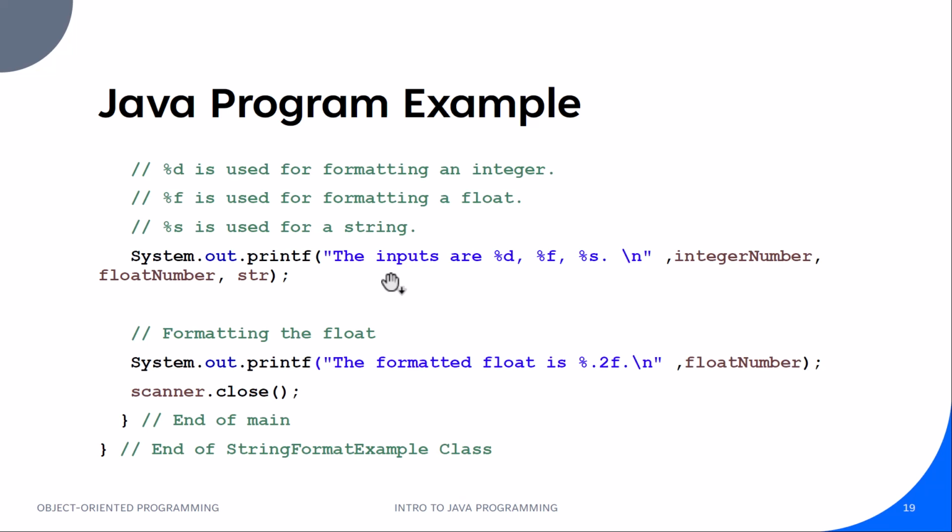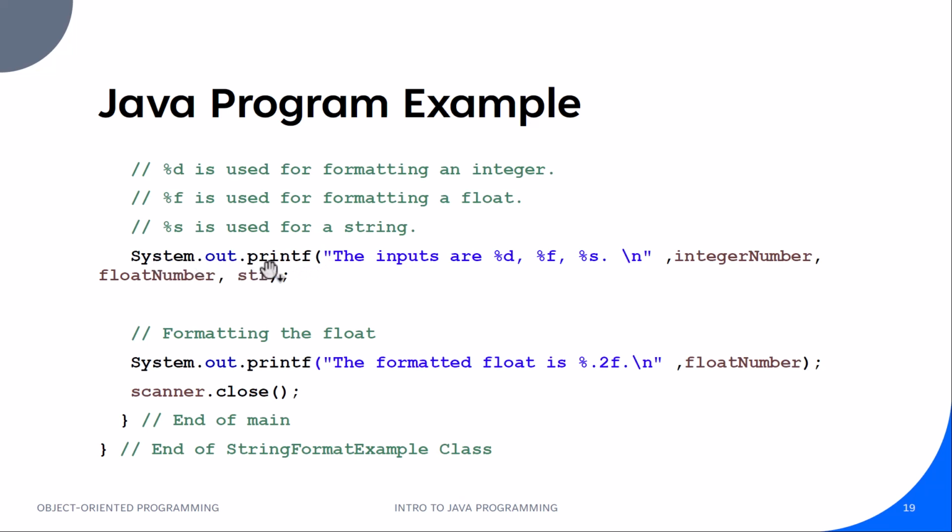And here is how we can format certain output on the screen. These are similar to what you are used to in C and C++. %d is used for formatting an integer, %f is used for formatting a float, and %s is used for a string. Now I'm going to use printf rather than print or println here.